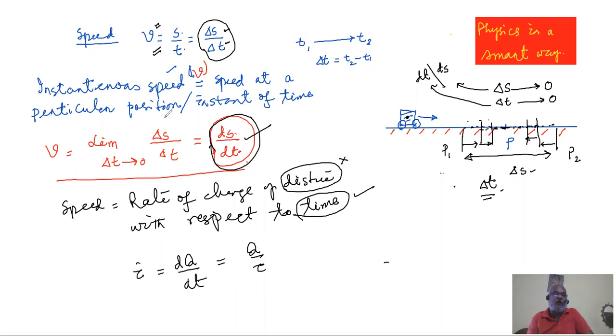The same logic can be applied here. The instantaneous current is expressed as a rate of flow of charge with respect to time. So there are many quantities which can be expressed as a derivative, and they give us the instantaneous value of a particular physical quantity at a particular instant of time or at a particular position.